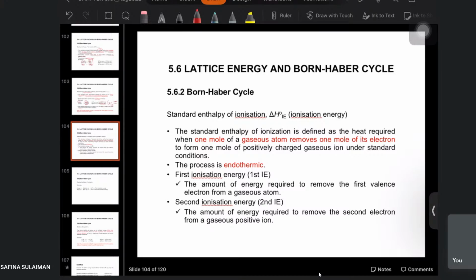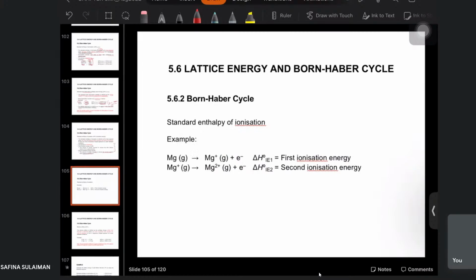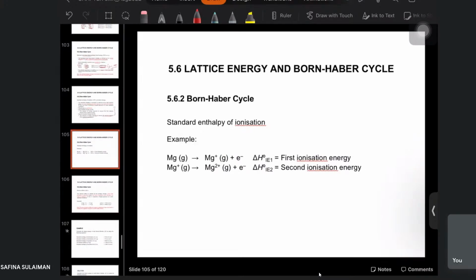The process is endothermic. The first ionization energy is the amount of heat required to remove the first valence electron from the gaseous atom, and the second ionization energy is the amount of energy required to remove the second electron from the gaseous positive ion. This one we have covered in chapter 2.